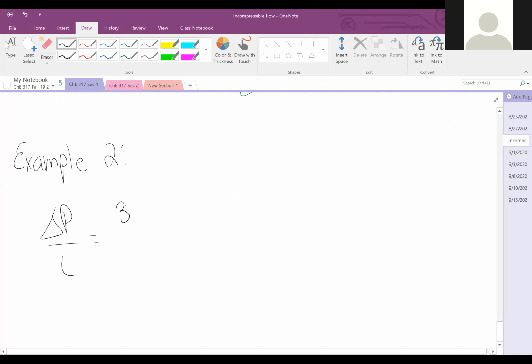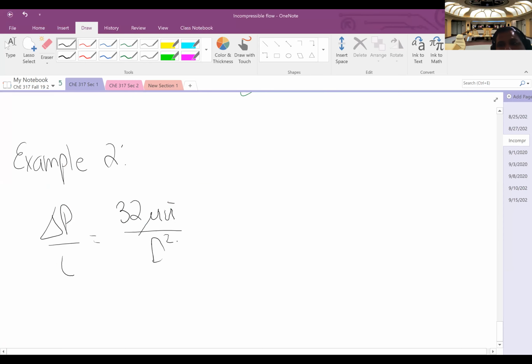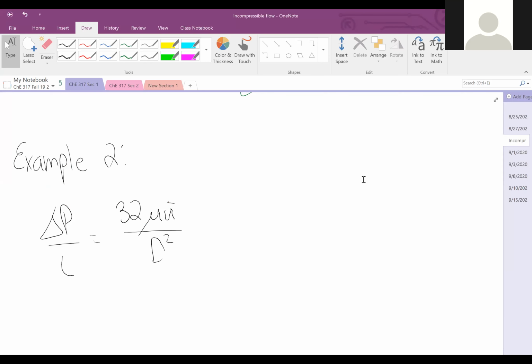No idea if that's right though. Any other groups get a solution? 0.00149. Never mind, mine's wrong. Got 0.00149 psi per foot. That is what I obtained: 1.5 times 10 to the minus 3 psi per foot.